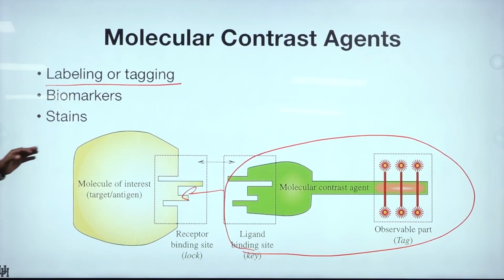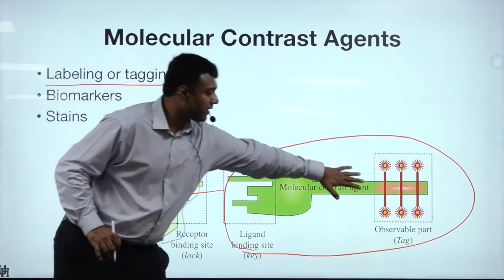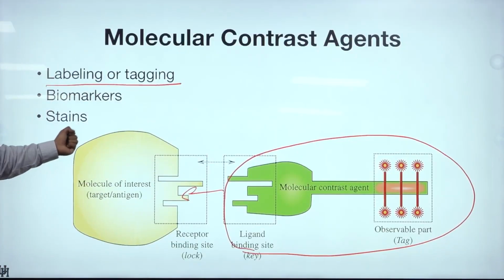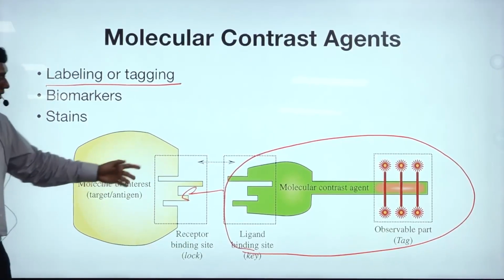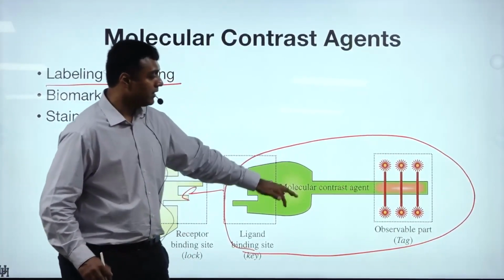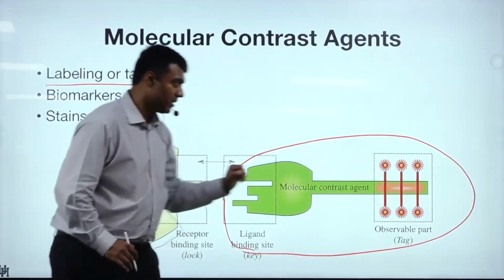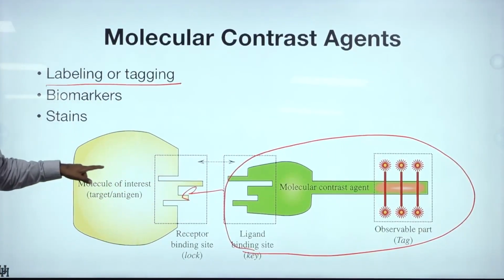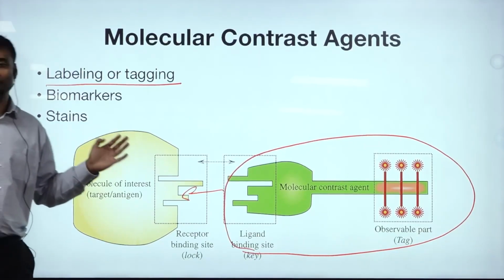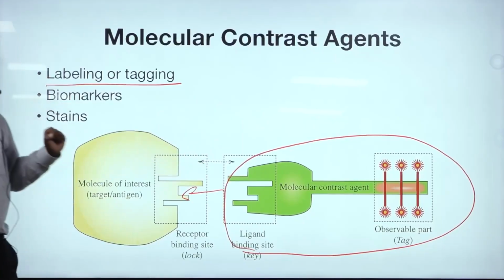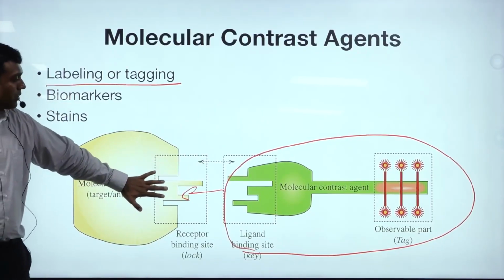Once you attach it, then if you image this part, the molecule of interest itself may not have much of a signal. But when you attach this fluorescing molecule or contrast agent, because it is attached, you know the position of the molecule.